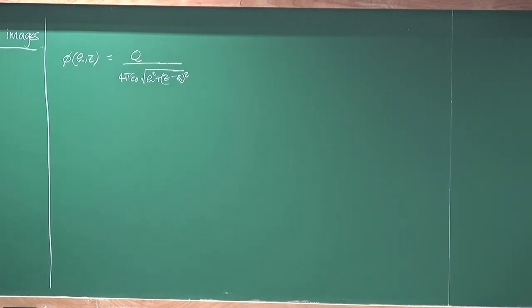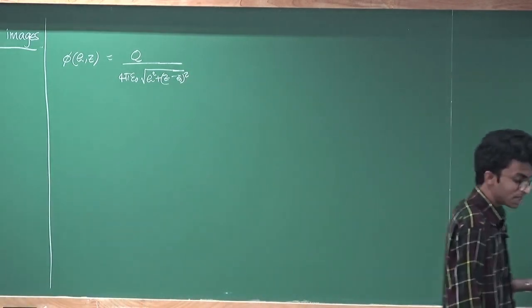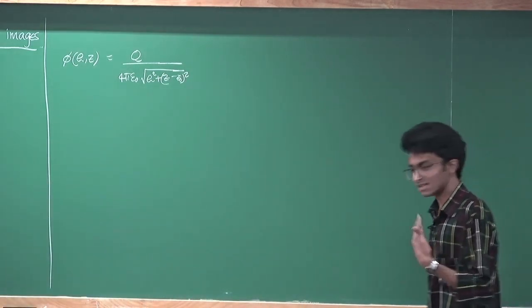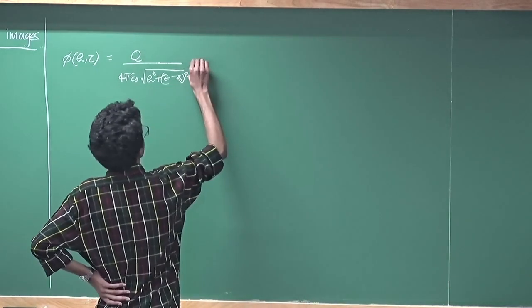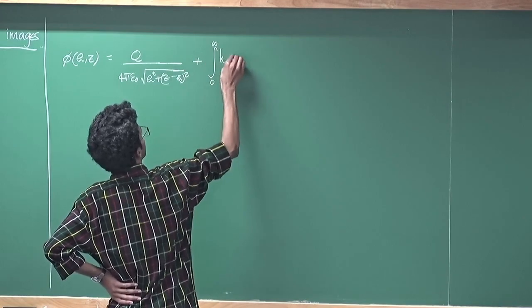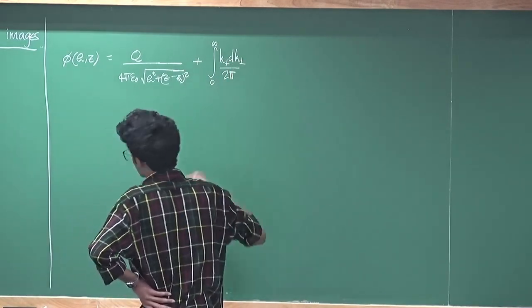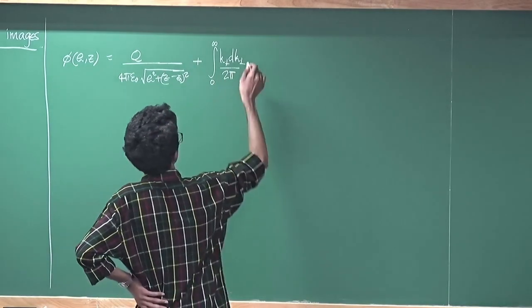But I've just told you that the surface charge density sigma should be axisymmetric. And since it is axisymmetric, the only way to write it down, I mean the most convenient integral representation, is the Hankel function integral.